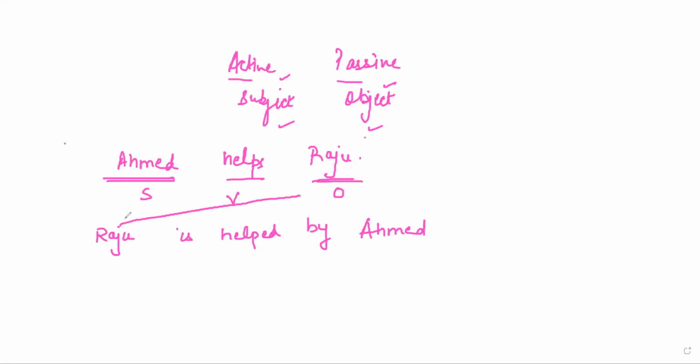You can see this object has come here and this subject has come here. So this sentence has now changed from active to passive. I'm just giving you an introduction. I'll explain you what everything is. But this subject comes here and object comes here. So the meaning remains same, right?